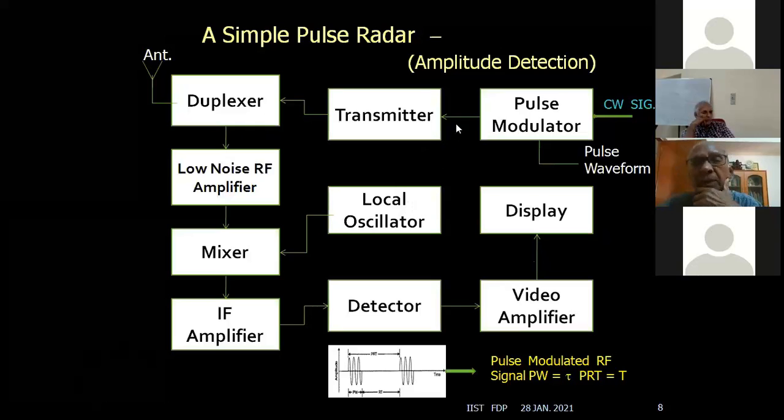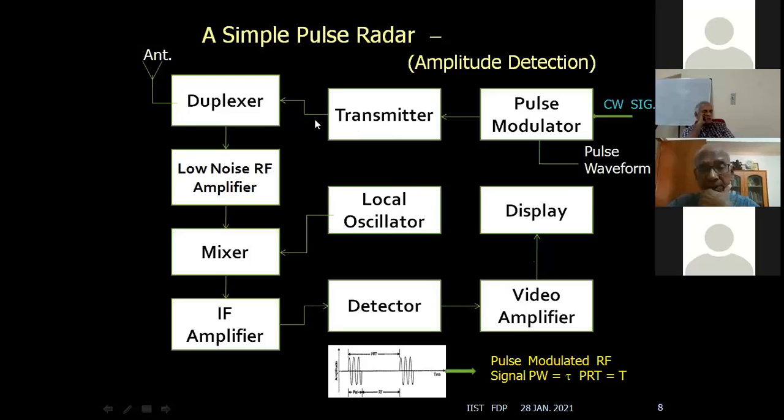That is the kind of pulse that comes to the transmitter, which is actually a series of amplifiers, a voltage amplifier in the front stage and successive power amplifiers. That will generate the high power radio pulses here, and this duplexer is a switching mechanism. When the transmitter is on, it will connect to the transmitter.